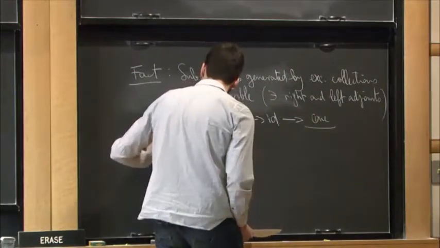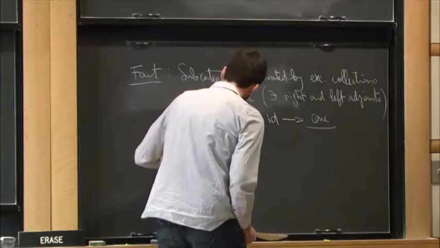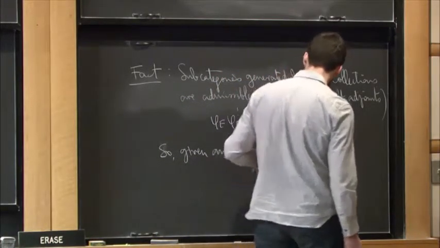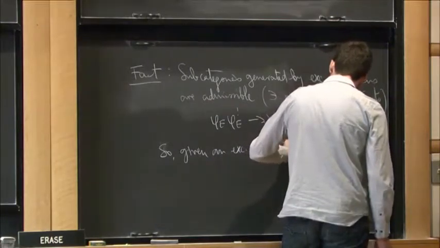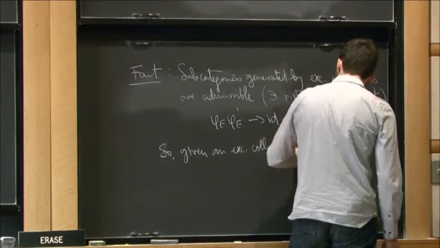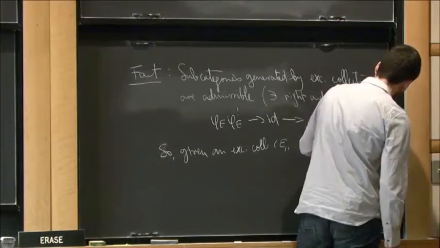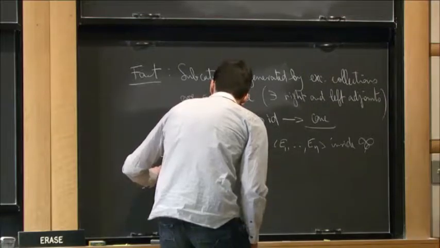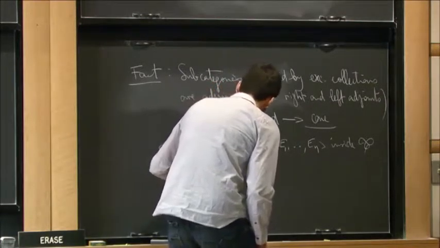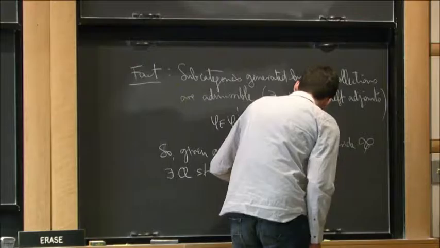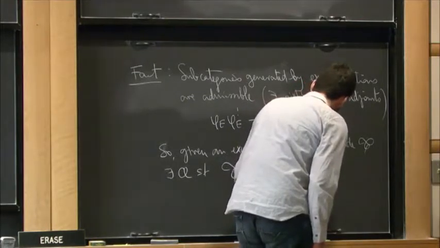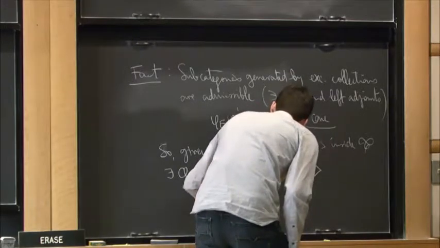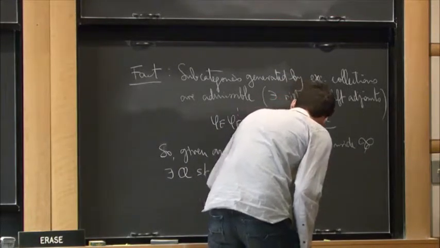So basically, given an exceptional collection E1, ..., En inside T, there exists A such that T is equal to ⟨A, E1, ..., En⟩, and actually the objects in A are very explicit.